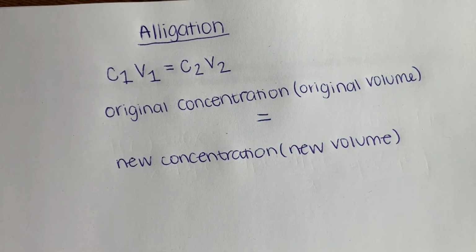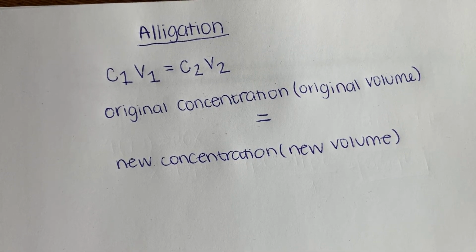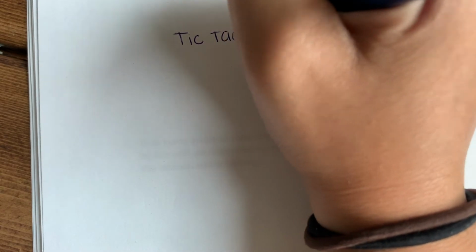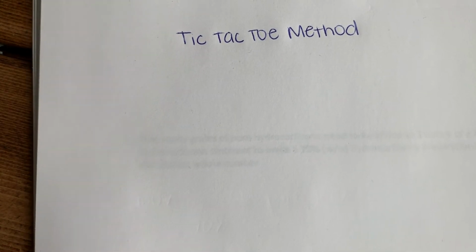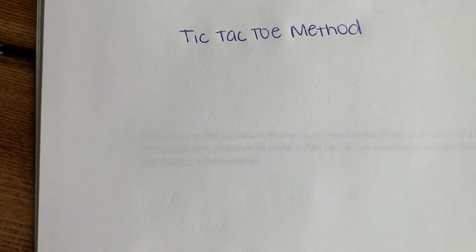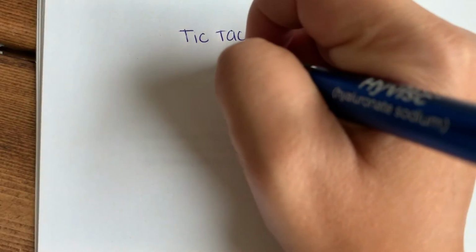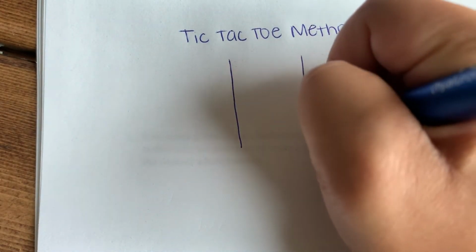The other method is the tic-tac-toe method. So for the tic-tac-toe method, what you do is you make a tic-tac-toe map.